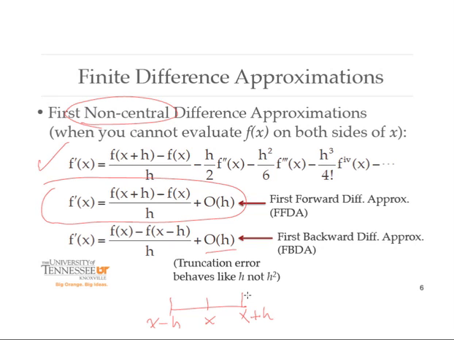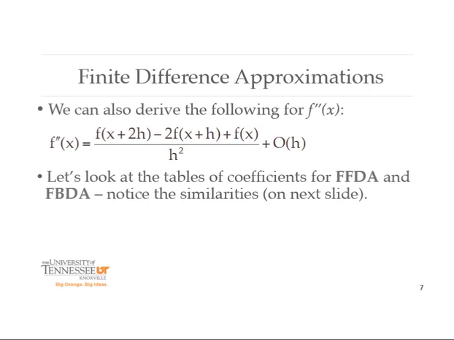But again, these are called the first forward difference approximations, FFDA, and the first backward difference approximations, FBDA. Just notation to help codify them. You can also have a forward difference approximation for the second derivative.